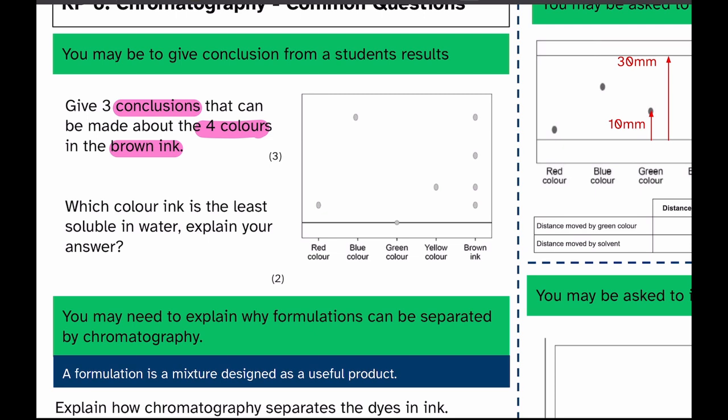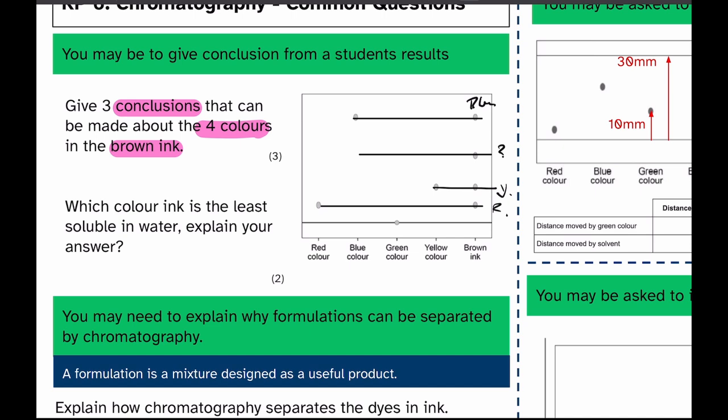That's where we would say, okay, look, it lines up with that one, so therefore it contains blue. This one, nothing lines up, therefore there's an unknown colour. It contains yellow, and it contains red. So 3 conclusions. The brown ink contains red, it contains yellow, it contains blue.